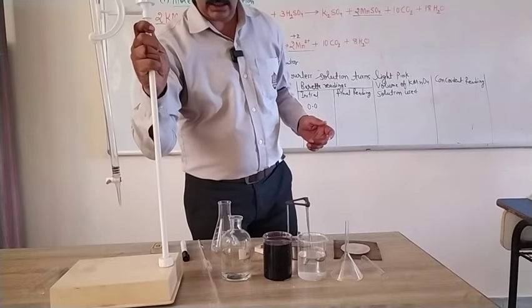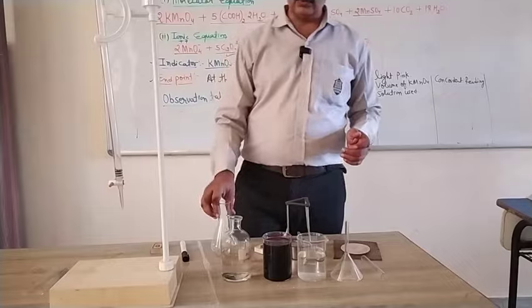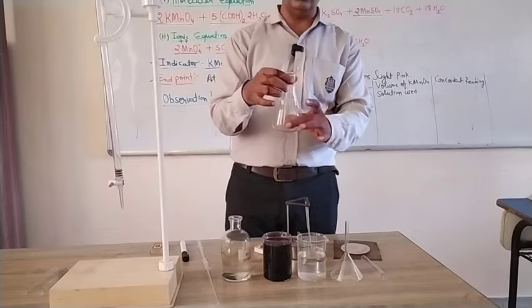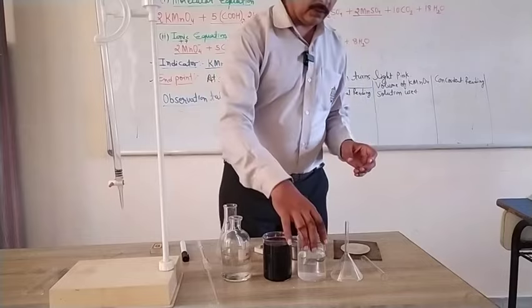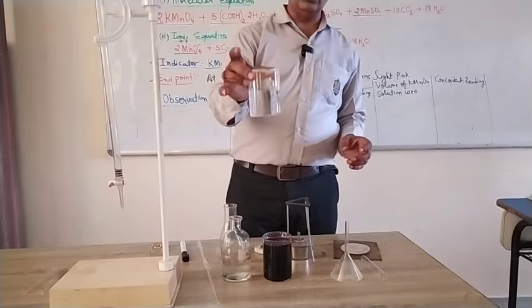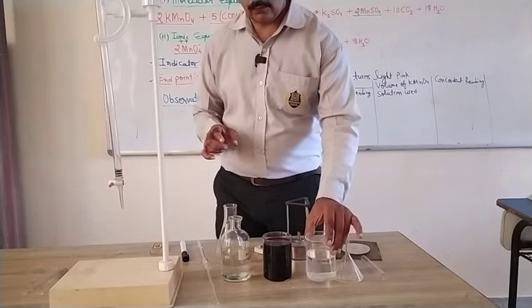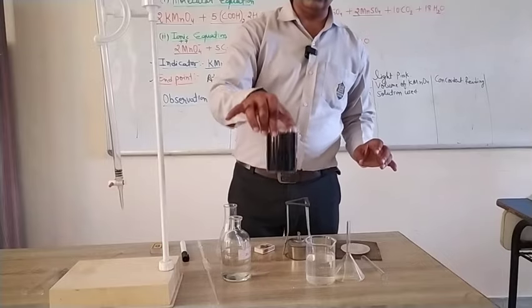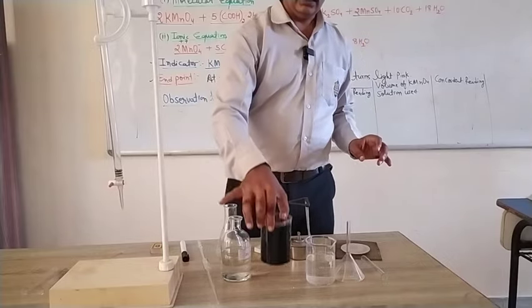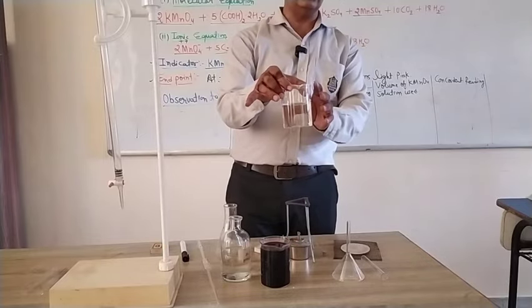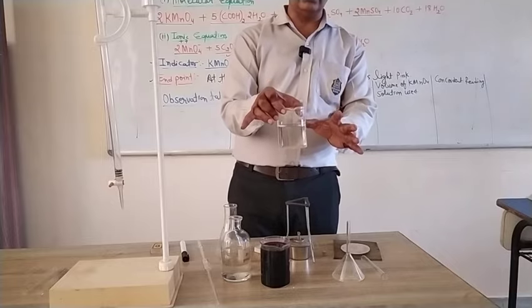The next thing is we will also require a conical flask. This is a 250 ml conical flask, and we require oxalic acid solution. We have taken oxalic acid solution in a beaker, and we have KMnO4, potassium permanganate solution. Oxalic acid solution is a standard solution whose concentration is known, as we have already discussed.